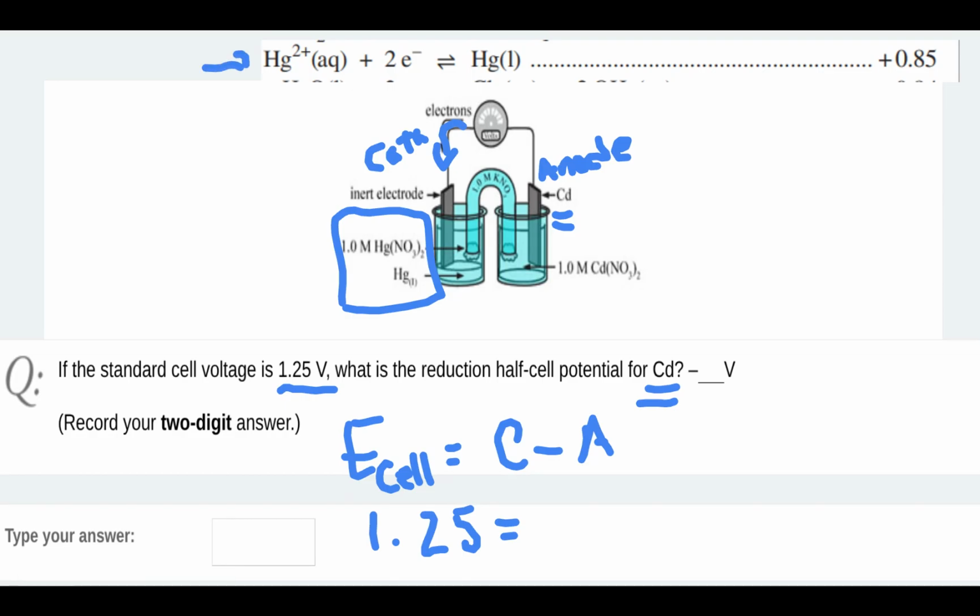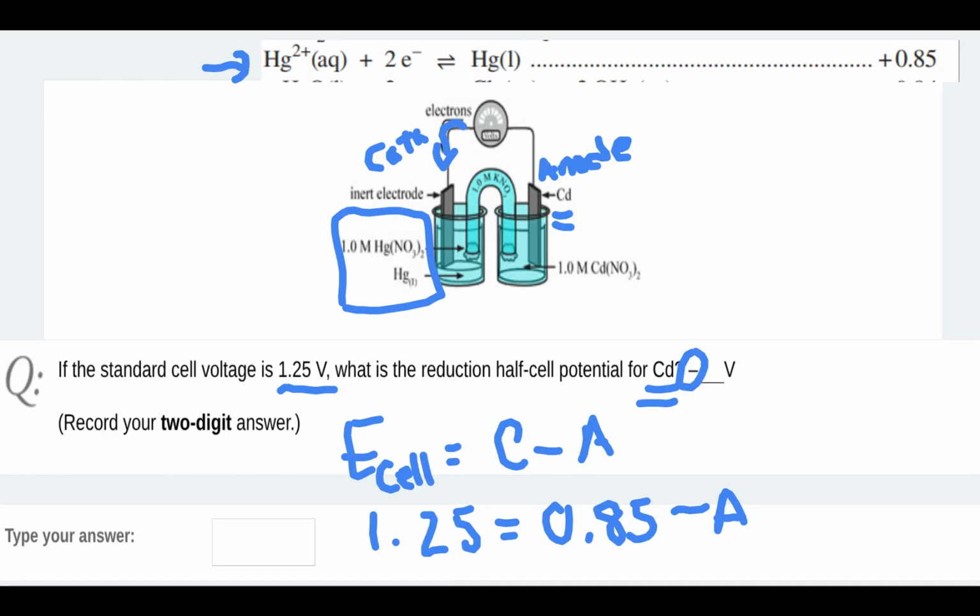So I just did a quick screenshot on page 9 of our data booklet, and that is positive 0.85. And then we're going to subtract our anode and solve. So they are implying the negative here. So we can just put this into our calculator and move the 0.85 to the other side.